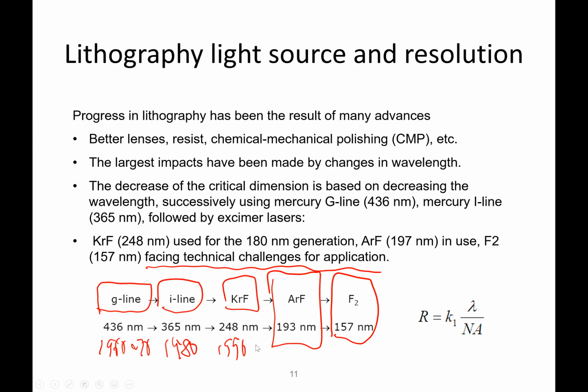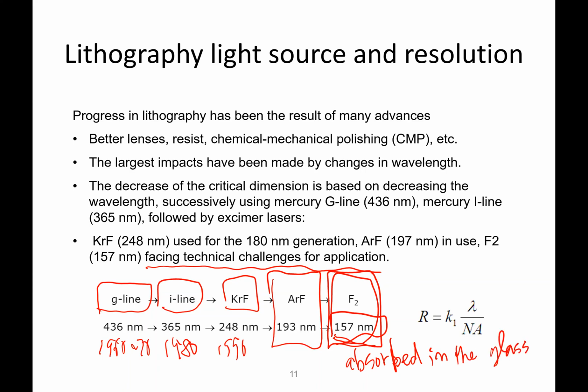But when the wavelengths get smaller and smaller, the energy of the light increases. Now the 157 nanometer wavelength energy is comparable to the band gap energy of the glass. In this region, this fluoride laser light is absorbed in regular glass.